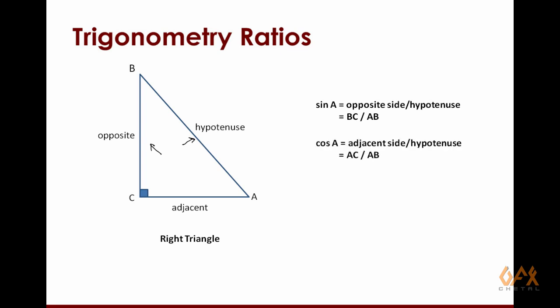Cos A is the adjacent side upon the hypotenuse, that is AC upon AB, and tan A is equal to the opposite side upon the adjacent side. There are more functions, but we do not need functions like cosec, cot and all this stuff. Whatever we need, I just showed you. So this is the basic idea of the ratios of your triangle.